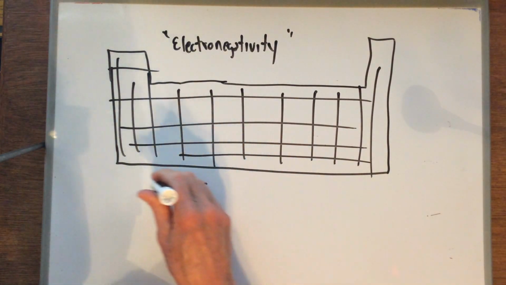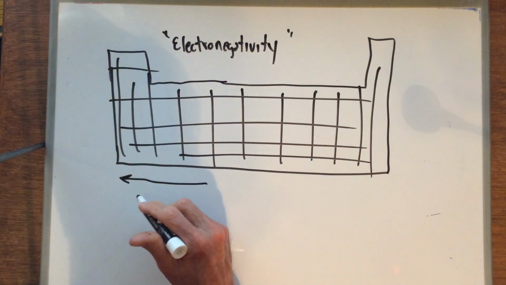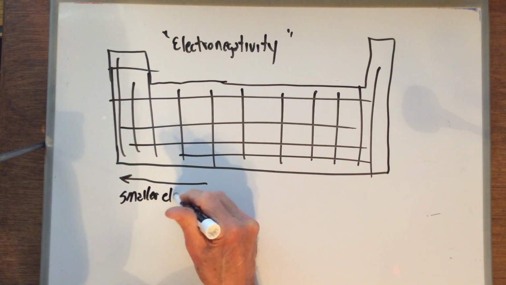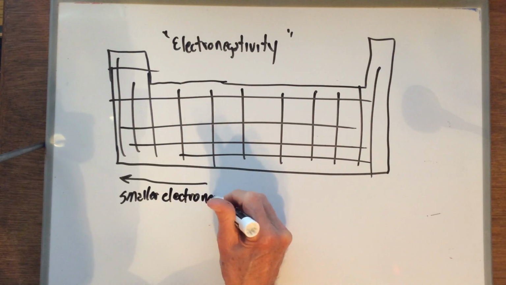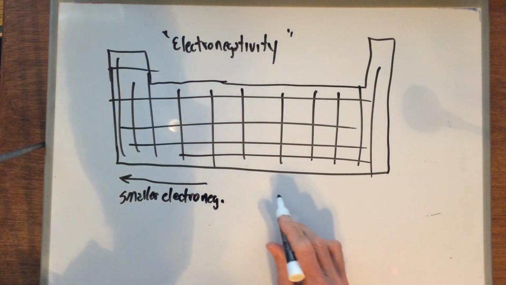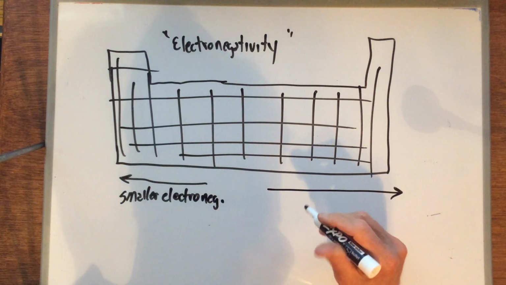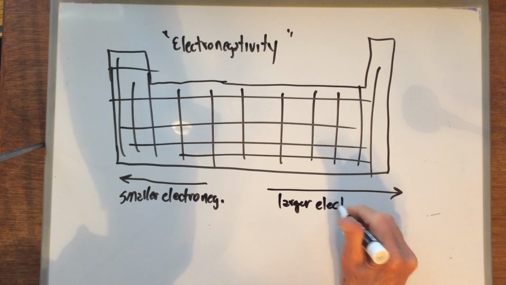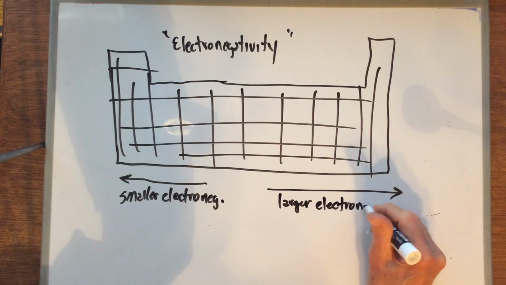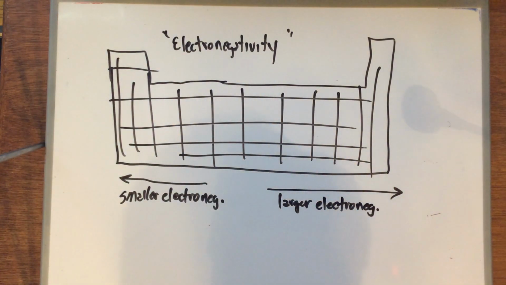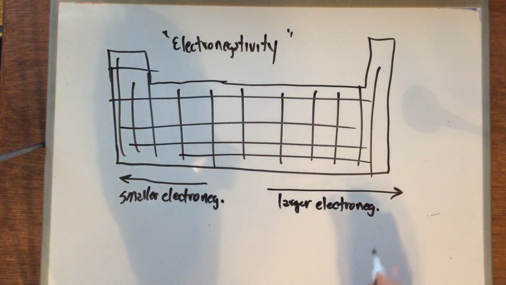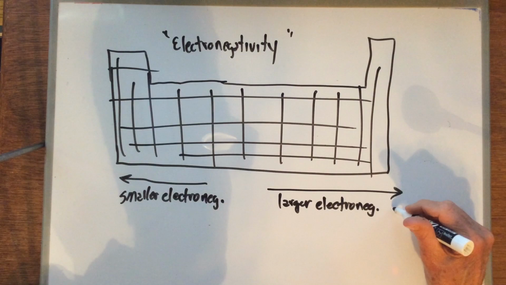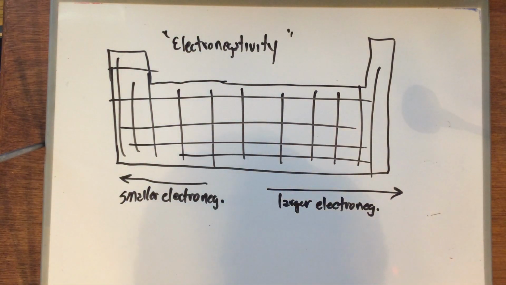The elements to the left have smaller electronegativities, and the ones to the right have larger electronegativities. Large values have a tendency to acquire electrons, so they have a tendency to acquire electrons over here.